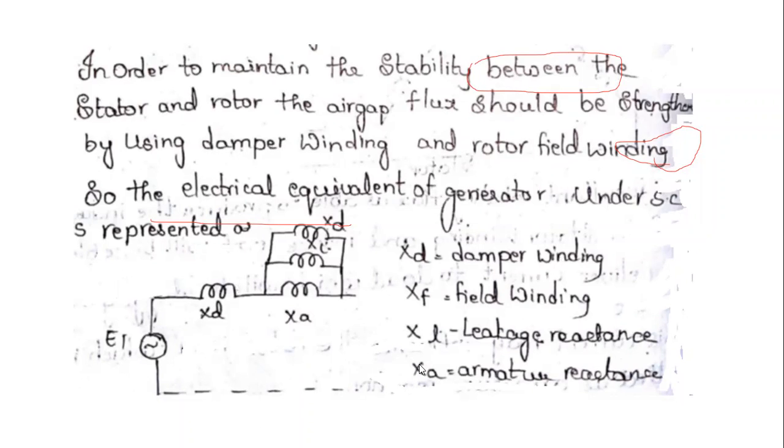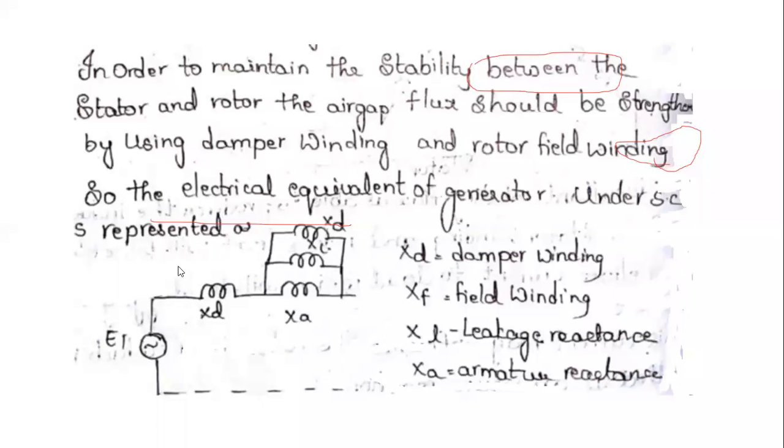By increasing that air gap flux using the damper windings and the rotor field windings, the unstable machine will be converted into stable operation. That's why we are using the damper winding or the rotor field winding.